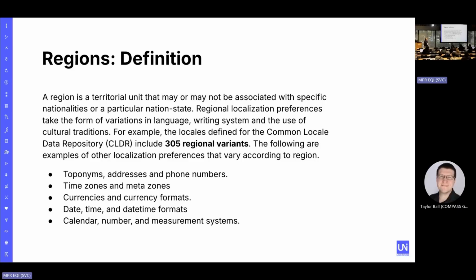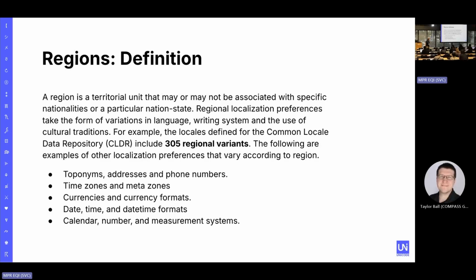If you look at the locales defined for the Common Locale Data Repository, which we will get to in the next section, they include 305 regional variants. That means there's a main language, and based on the region, you can define 305 different languages that are specific to the region. And one way to think of those is just dialects, right?